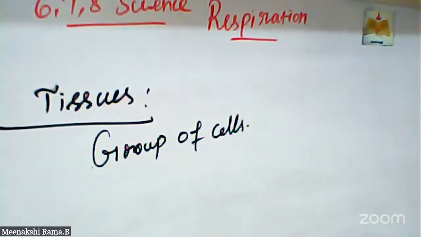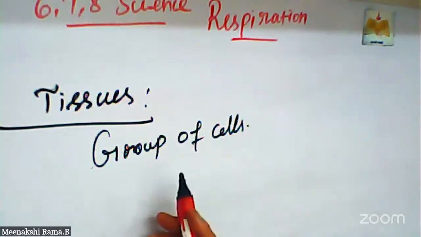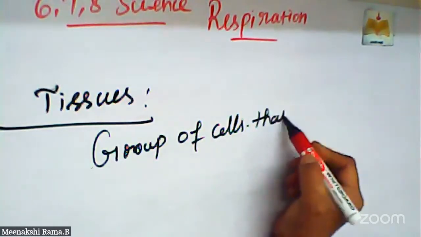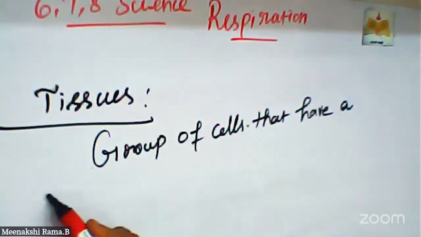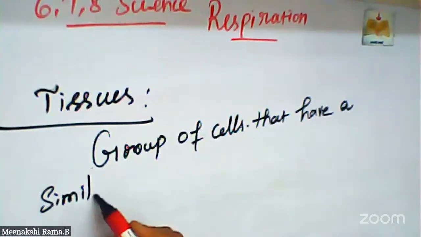They have a similar structure and join together to perform specific functions. The tissues do a particular function only in that area. So the tissues are groups of cells that have a similar structure also.